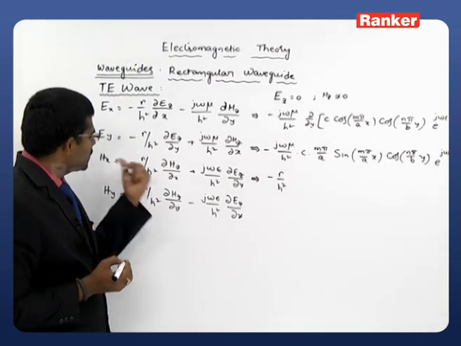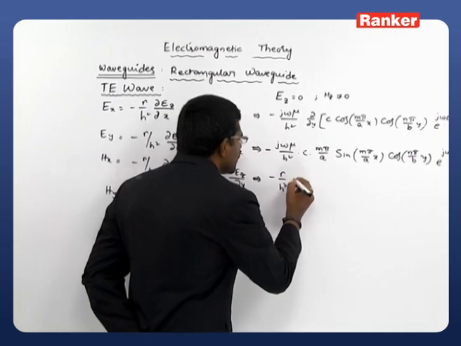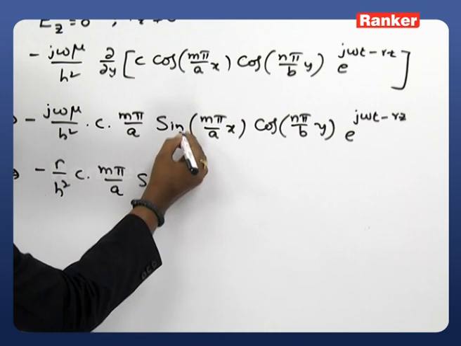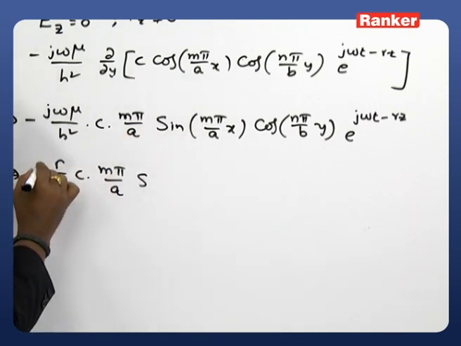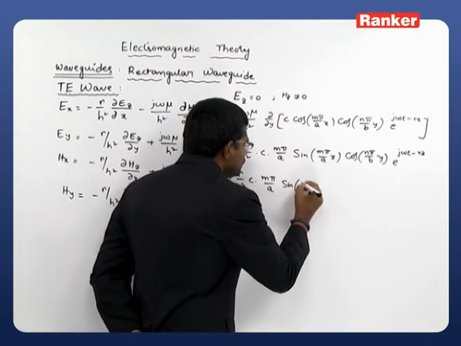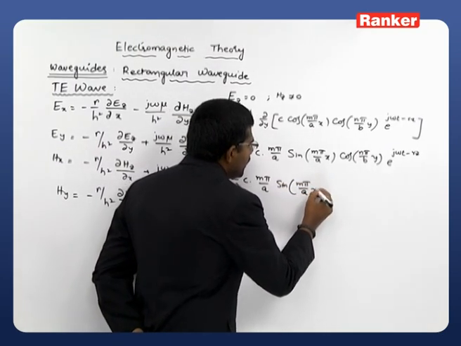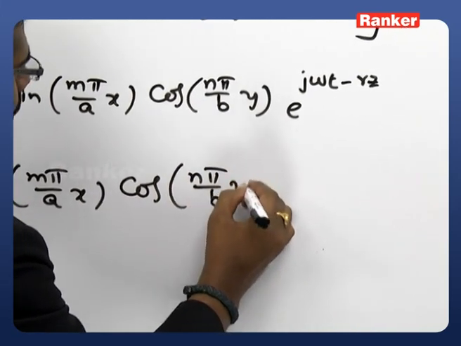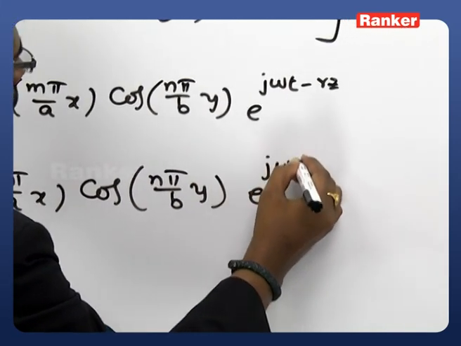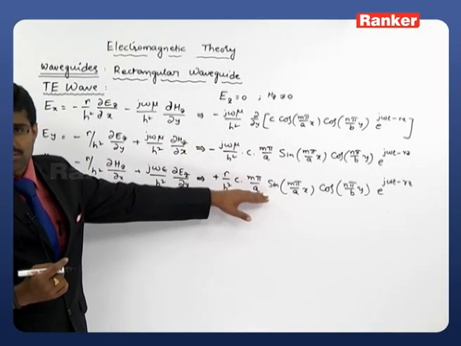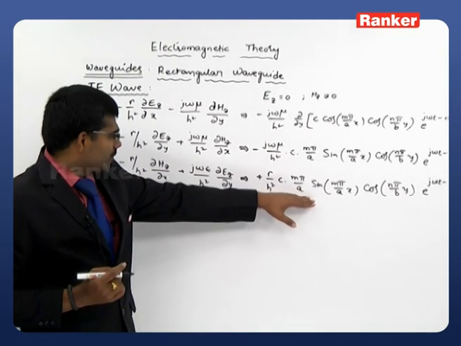Since this differentiation is with respect to x, the similar term remains for us, that is m pi by a, and a negative of a negative, plus, will be added here, sin m pi by a x cos n pi by b y e power j omega t minus gamma z. That is the final equation for our Hx.